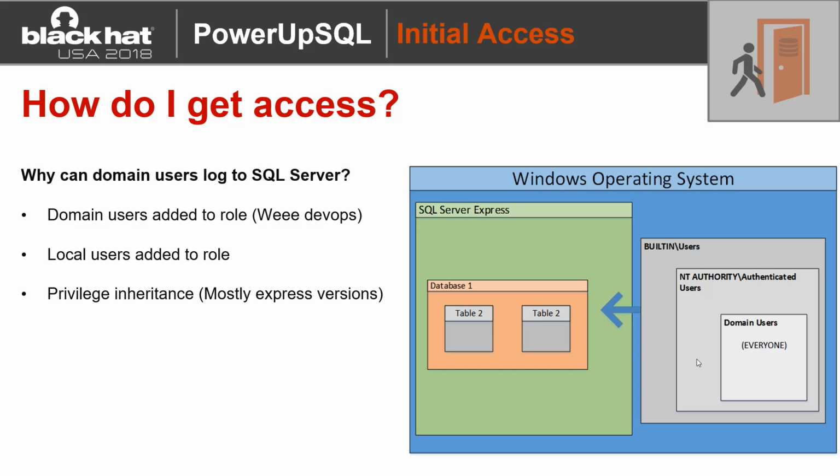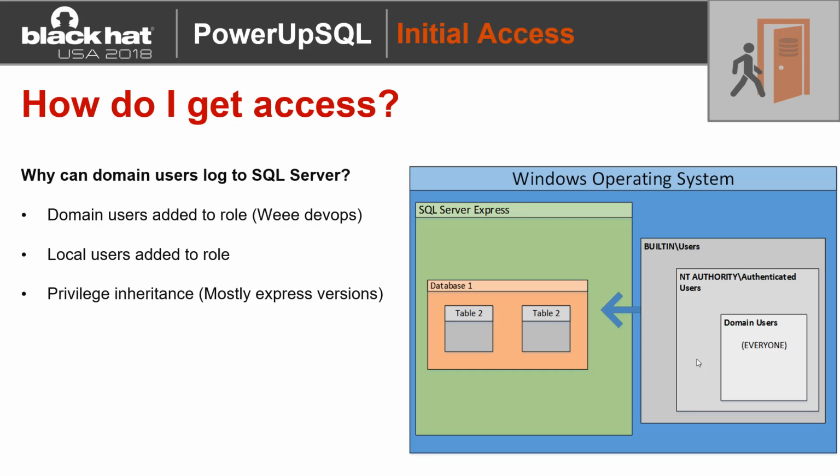The reason that works is because SQL Server Express by default allows the local users group to log in, and the local users group implicitly includes a group called authenticated users, which, when SQL Server is installed on a domain system, includes all the domain users. So that's why most domain users can log into SQL Server Express instances that live on domain systems.